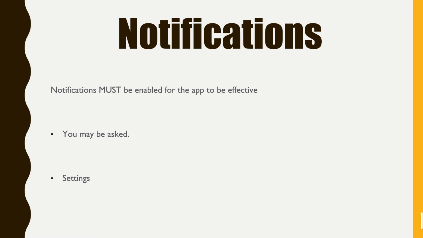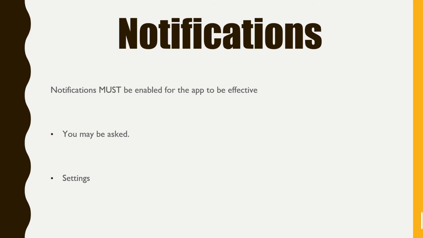Speaking of notifications, it's really important that the notifications for this app are enabled, otherwise the app can be quite ineffective. The notifications are what make the app so great. So it might be that when you download the app and sign into it, some phones may ask you at that point, do you want to enable notifications? Please say yes.